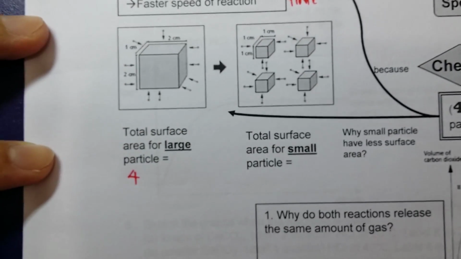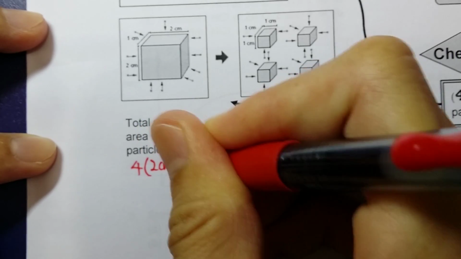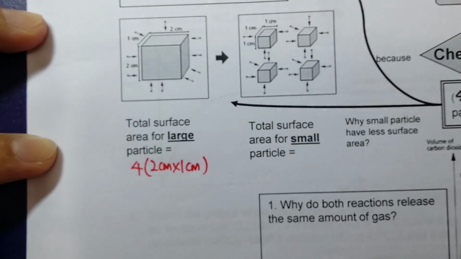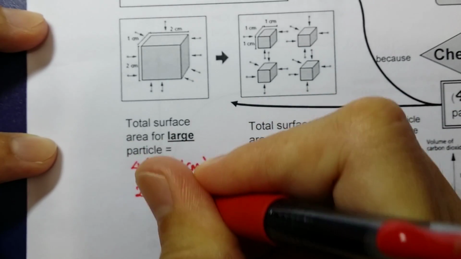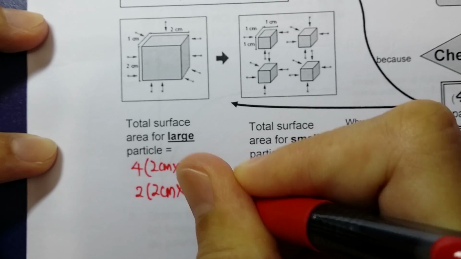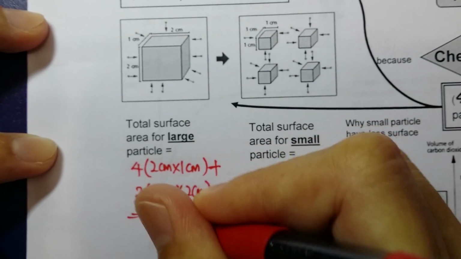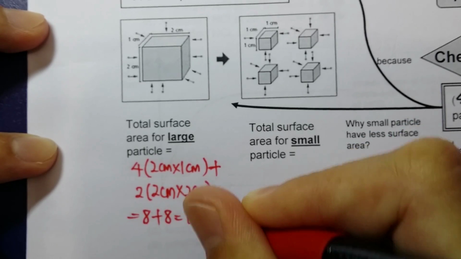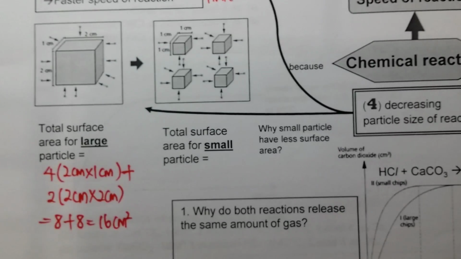If you look carefully, there are 4 sides with 2 cm by 1 cm dimension, and then there are 2 sides with 2 by 2 dimension. That would give you 8 plus 8, 16 cm square. So 16 cm square is the total surface area of the large particle.